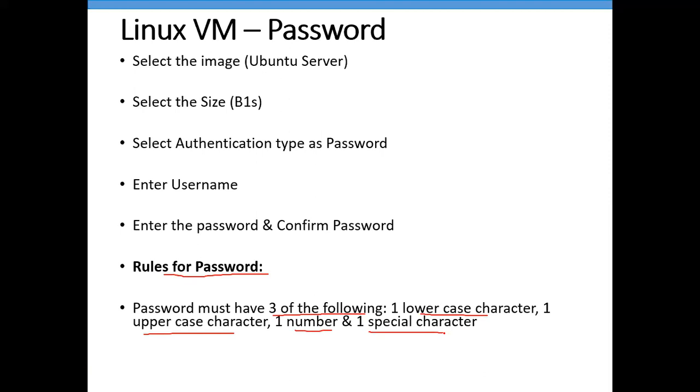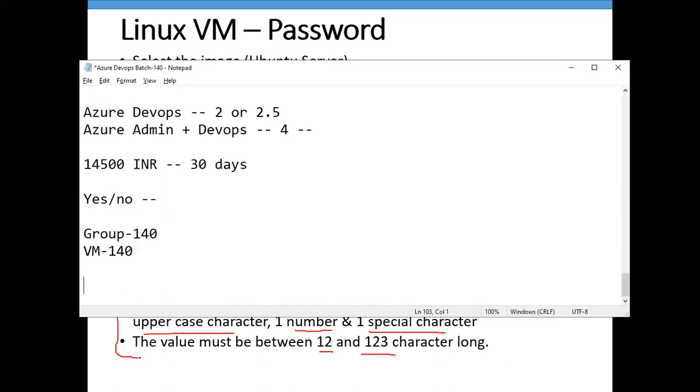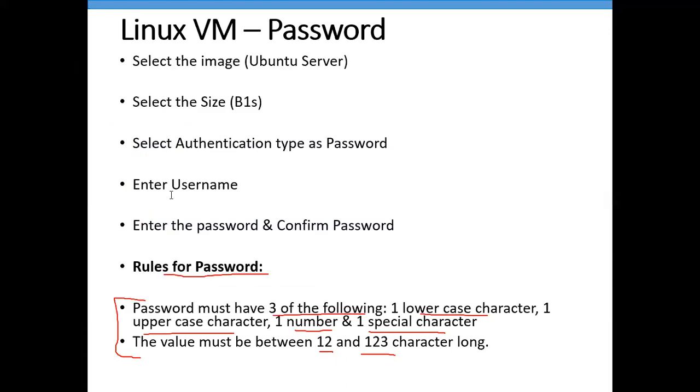Out of these 4, we need to use at least 3. And the password must be a minimum of 12 and a maximum of 123 characters long. These are the default rules. We can't change these. Here I'm giving the username as Azureuser. The password I'm going to enter.